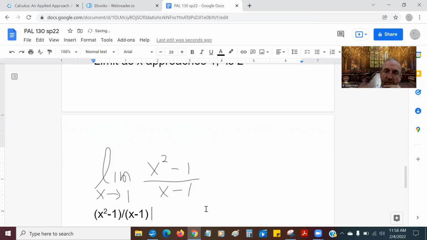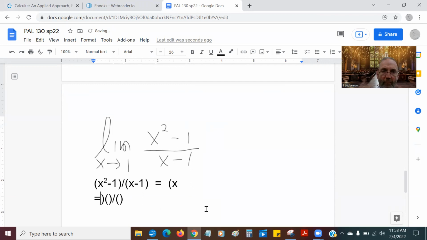This is equal to x plus 1 times x minus 1, divided by x minus 1.